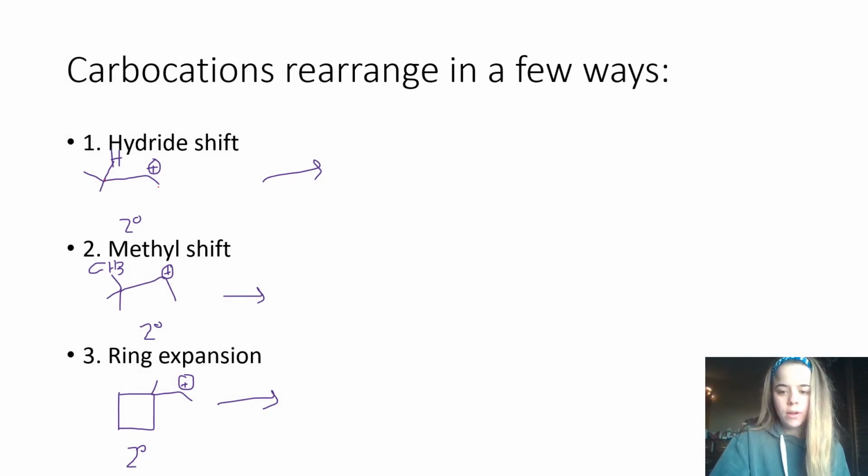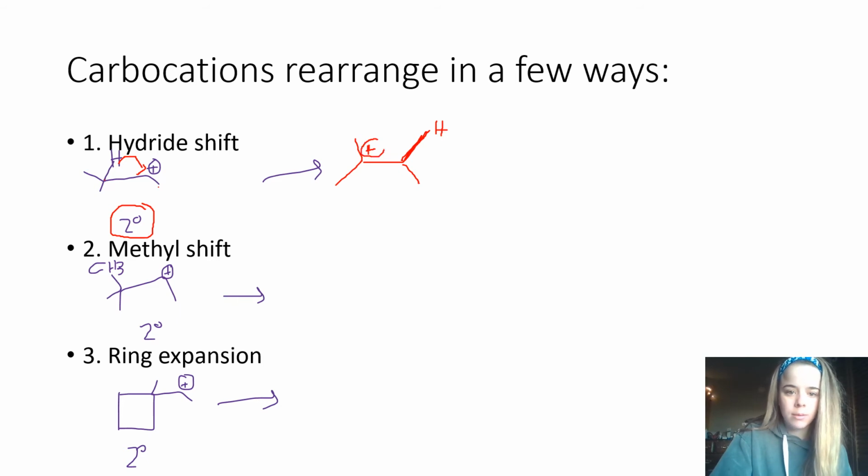The first way we're going to talk about here is a hydride shift, which is essentially how it sounds. A hydrogen is going to shift to the positively charged carbocation, and like this has been labeled, this is a secondary carbocation, and we are going to make this into a tertiary carbocation as the hydrogen shifts over from this direction to this direction, and this new bond is actually formed, and this becomes now the positively charged carbocation.